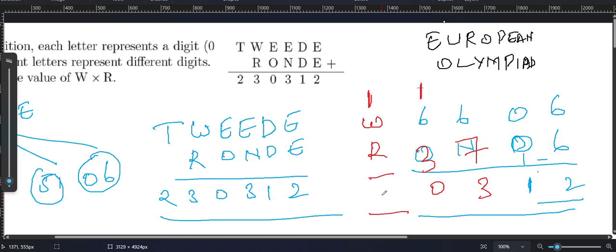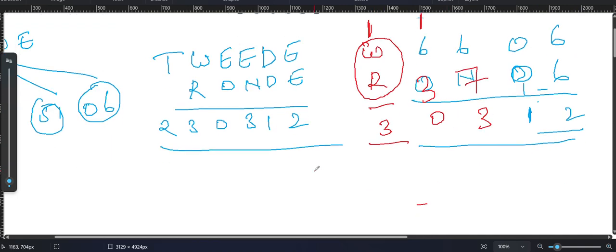So users can pause the video and observe carefully what are the possibilities of W and R. Plus 1 yielding 3. So the possibility is either W can be equal to 8 and R can be equal to 4. So 8 plus 4 is 12, 12 plus 1 is 13.